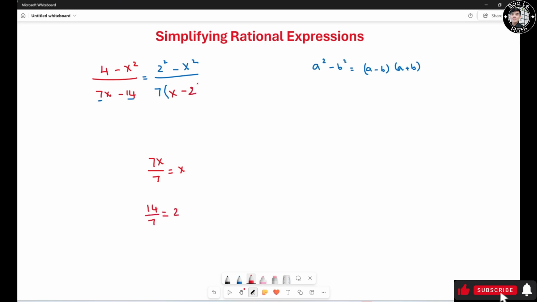Now for the numerator, a means 2, b means s. So I apply the formula right here: a minus b, which means 2 minus s, times a plus b, which means 2 plus s, over 7 times s minus 2, right?